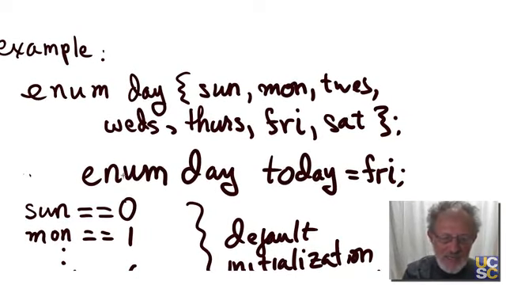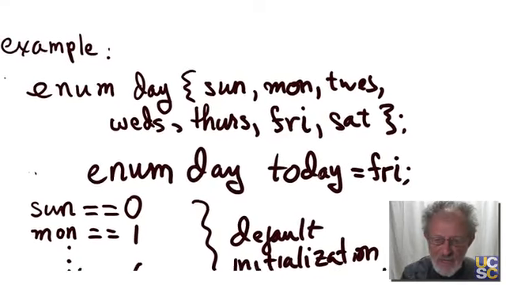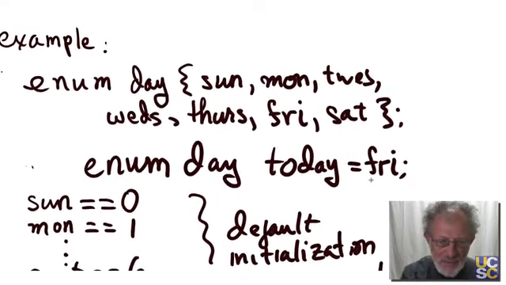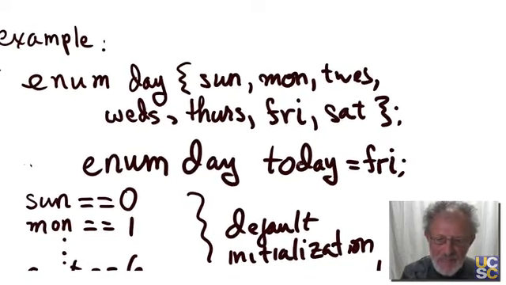And then if I say enum day variable today initialized to Friday, well, of course, secretly this is 0, 1, 2, 3, 4, 5. So that's 5, or Friday, the enumerator. And now we have a variable of this type.